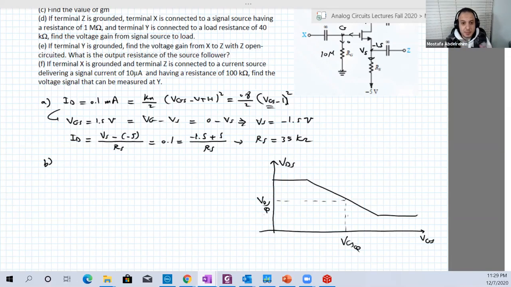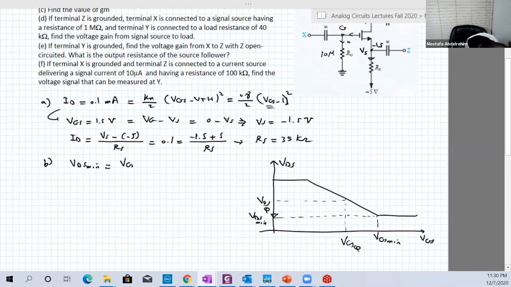Since we can span the maximum swing, that means we reach the edge of saturation. So we go down until here. So this is VDS minimum, equal to VGS. Sorry, not VGS minimum.